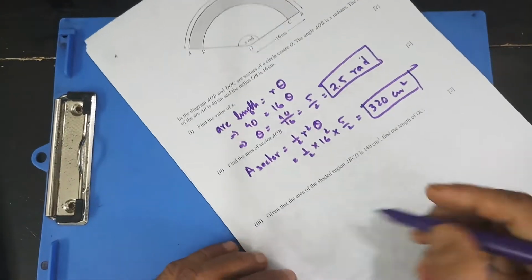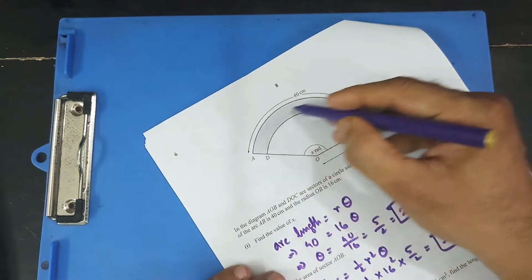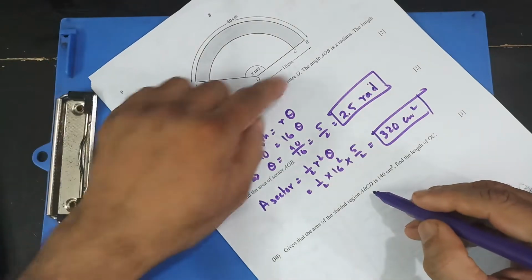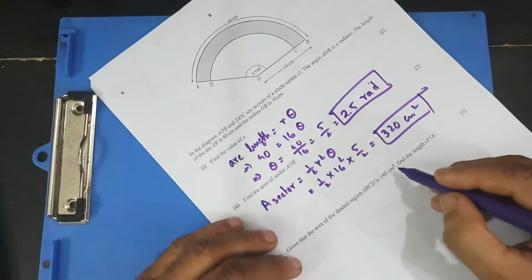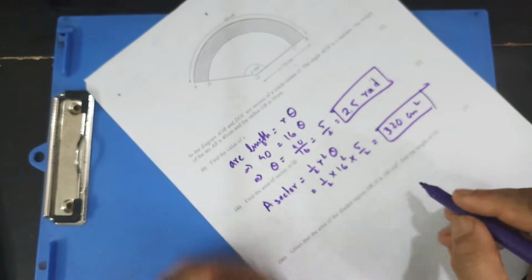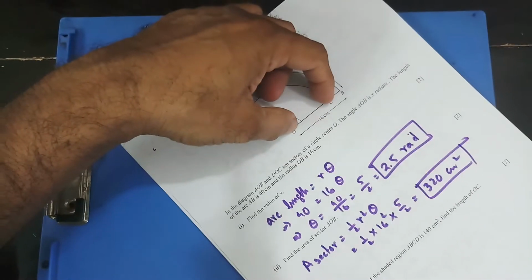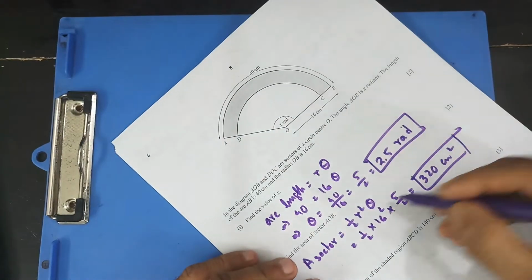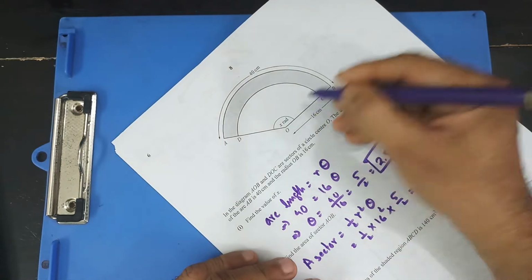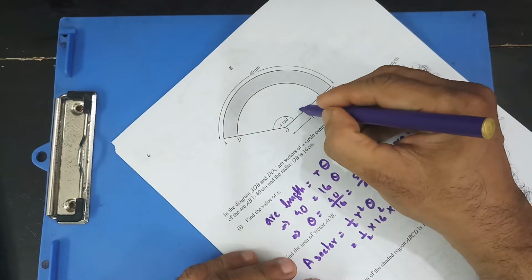Now, the area of the shaded region ABCD is given as 140 square centimetres. Find the length of OC. OC is the smaller radius, so let me call it small r.